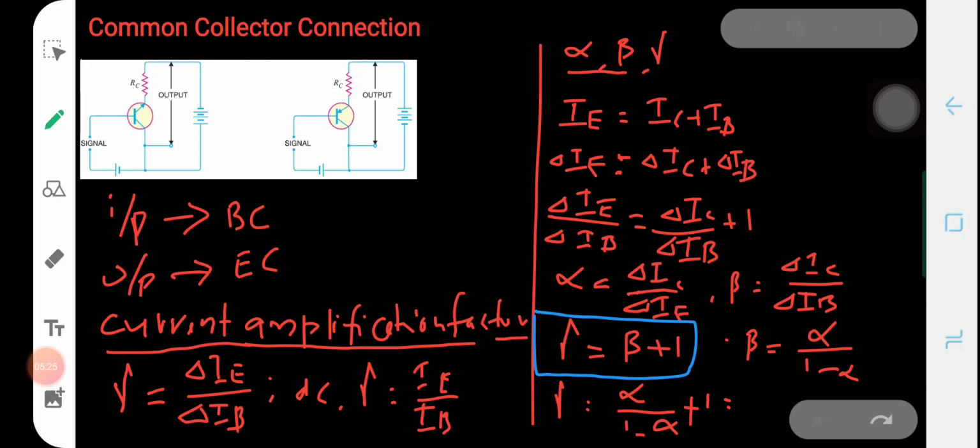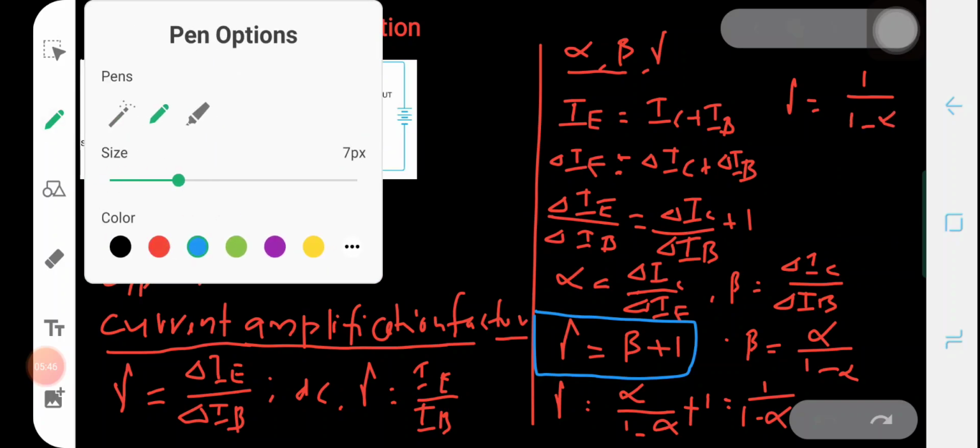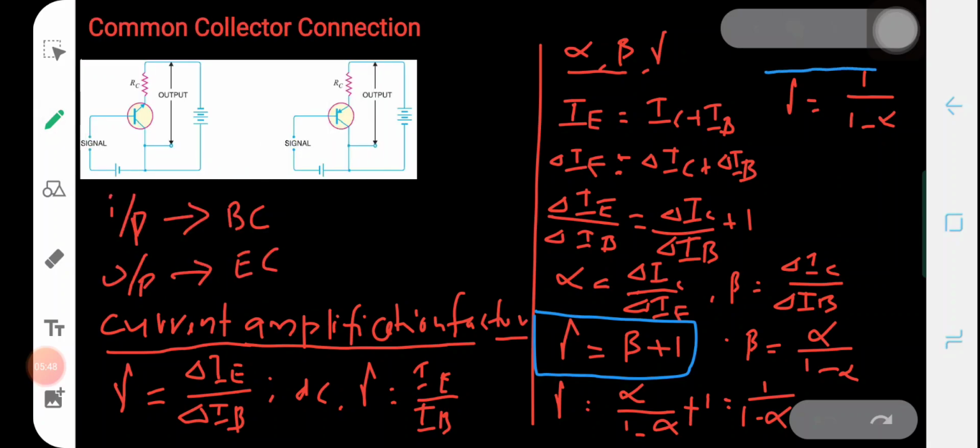Alpha and alpha will cancel. What remains is 1 by 1 minus alpha. So gamma is equal to 1 by 1 minus alpha. This is the relation between the current amplification factors in the case of the common collector and common base connections.